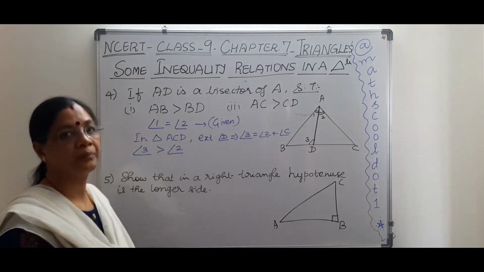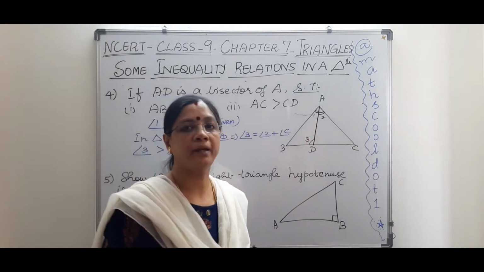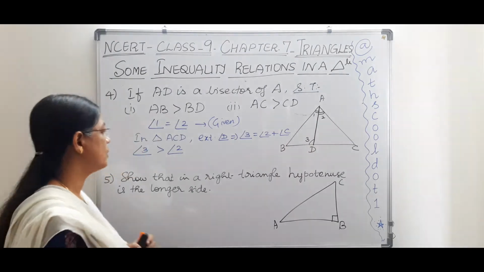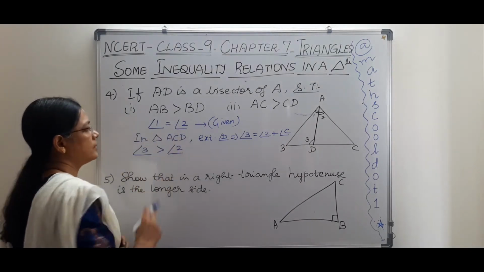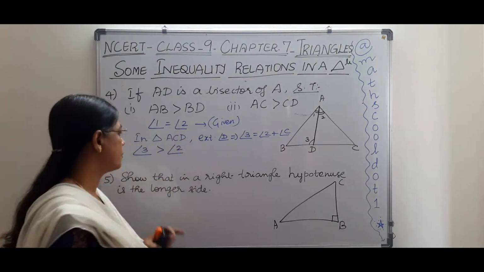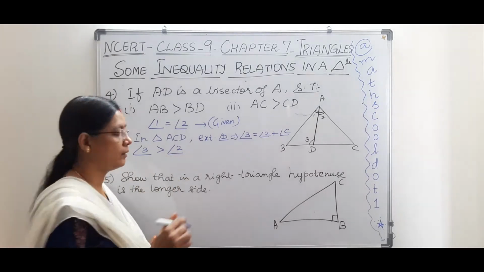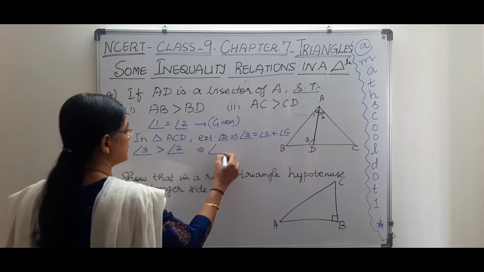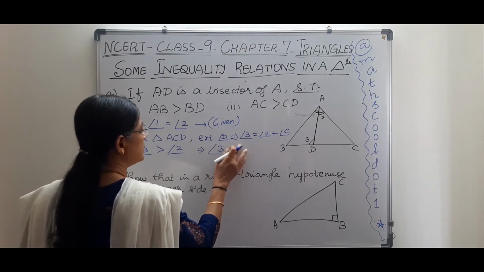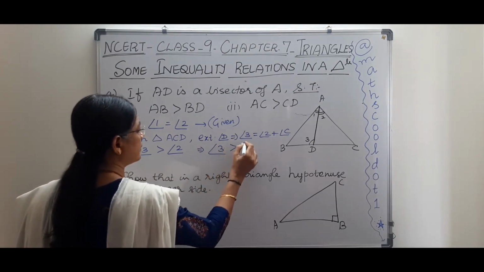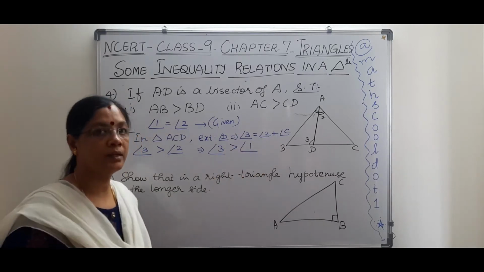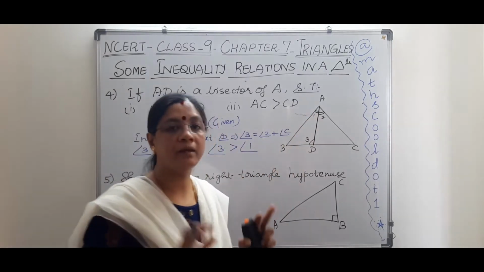Now we have angle 1 is equal to angle 2, it is already given. So I can replace angle 2 by angle 1, which implies angle 3 is greater than angle 1, right?